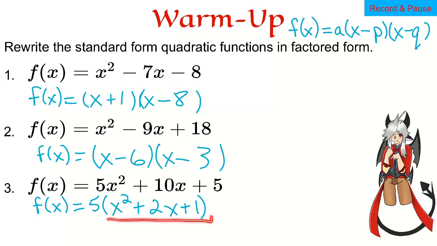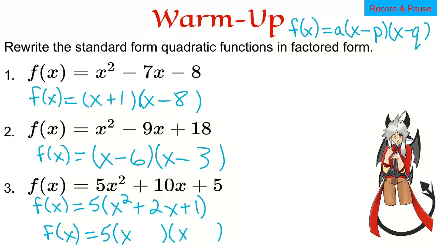Now I can factor this part if possible. Let's see if it is. It seems to be possible because it says to rewrite in factored form. So that 5 still stays out front, and then I'm going to have two binomials that I'm multiplying by each other. X squared means that I'm going to have x times x. First I look here.